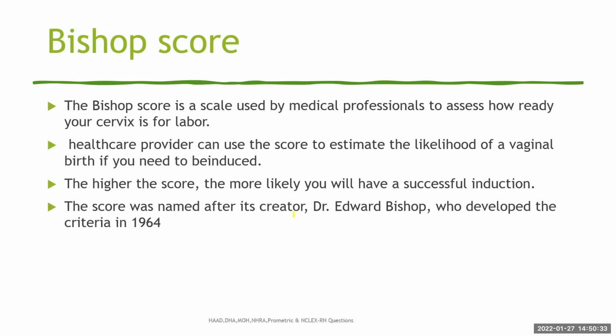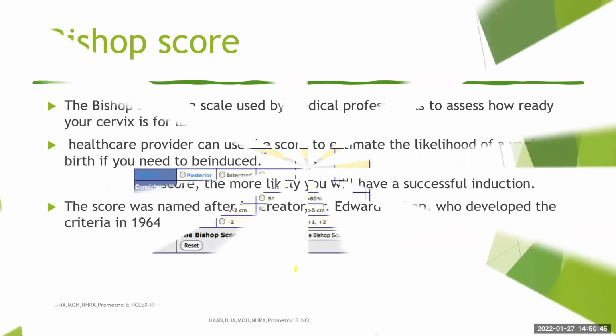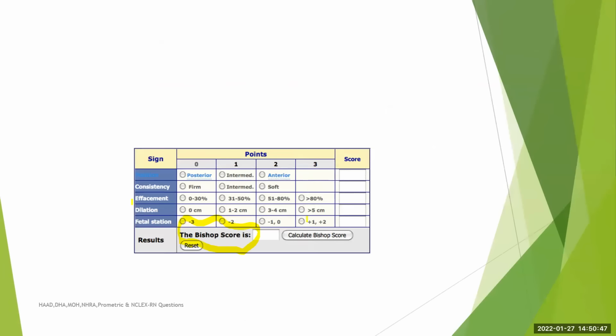Okay, why is this considered a Bishop score? It was invented by Edward Bishop. And it includes cervical dilation, effacement, consistency, and fetal station.